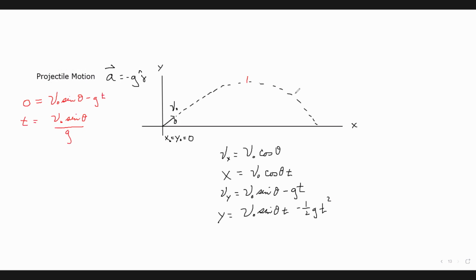So in the absence of air friction, the time it takes to go from here to here and the time it takes to go from here to here are the same. That means the total time of flight, I'll just call this T1, is equal to 2 v0 sine theta divided by g.